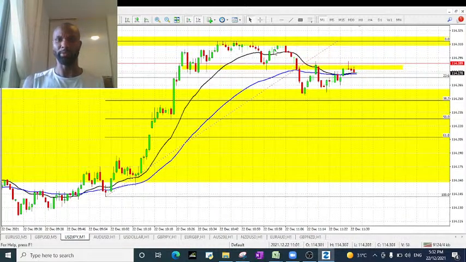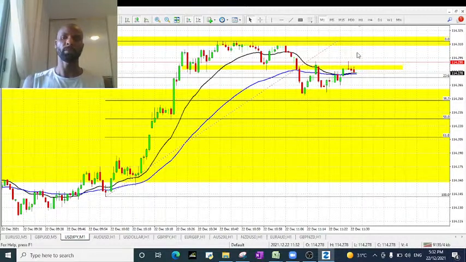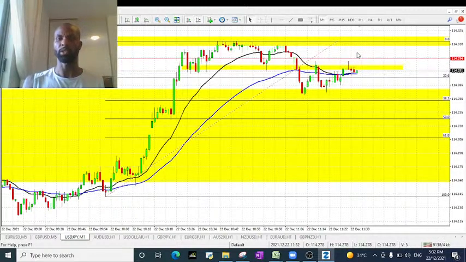You see, we have a consolidation here. Broke through the zone, have a retest, push down. Now we're having a little bit of a hard time pushing back into the zone. But let's see if the big boys with real money will show up and smash through this.